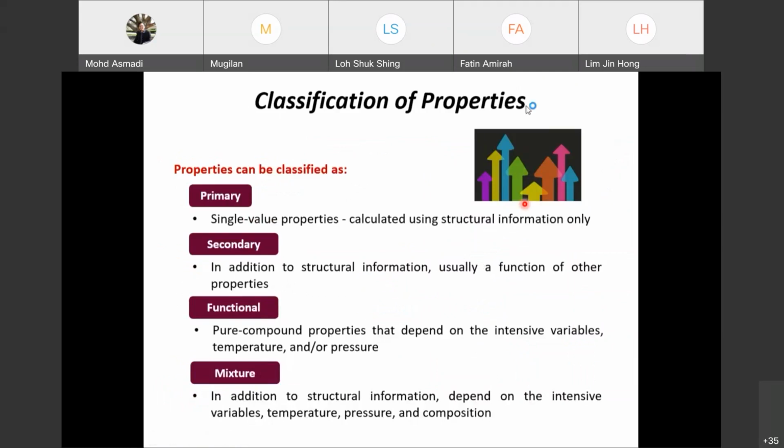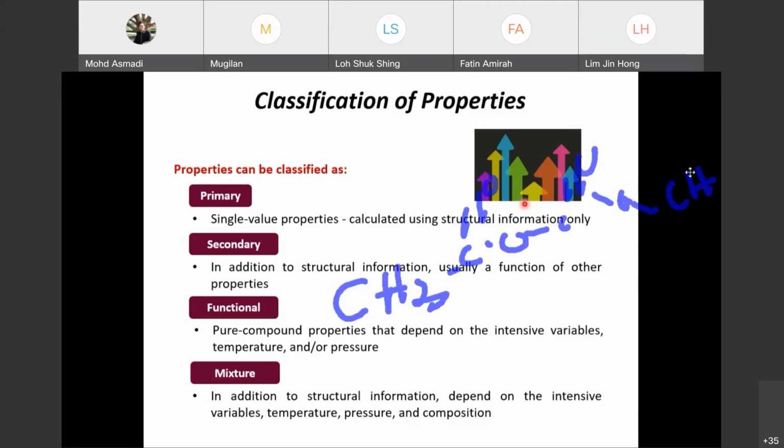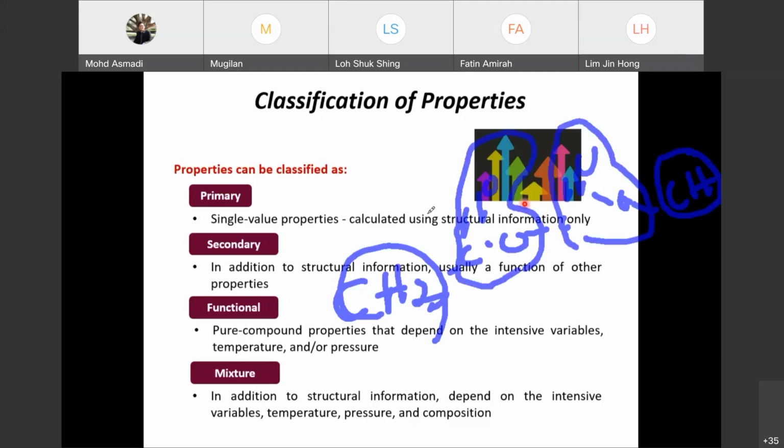For example, if we have CH3 CO C and CH3, maybe you calculate the primary. This one is a primary, this one is a primary. Actually it is enough to calculate using only the primary.